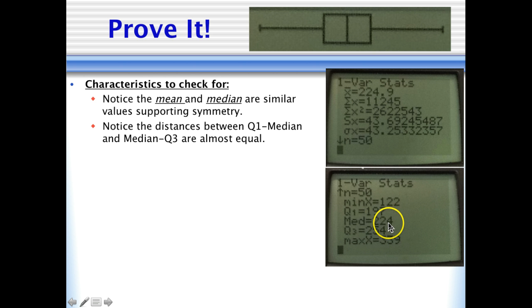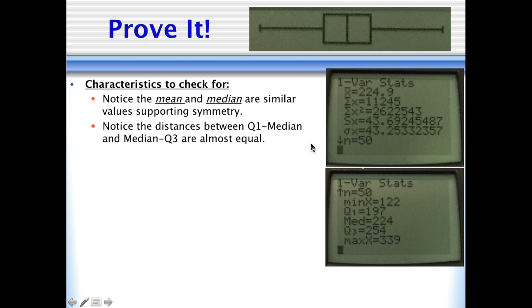That is a characteristic of symmetry. Also, notice the distance between Q1 and the median is similar to the distance between the median and Q3. That also is a characteristic of symmetry. So these are a couple things that I can tell from my numerical summaries that haven't necessarily proven normality, but they're definitely supporting the concept of possible normality, specifically the characteristic of symmetry.